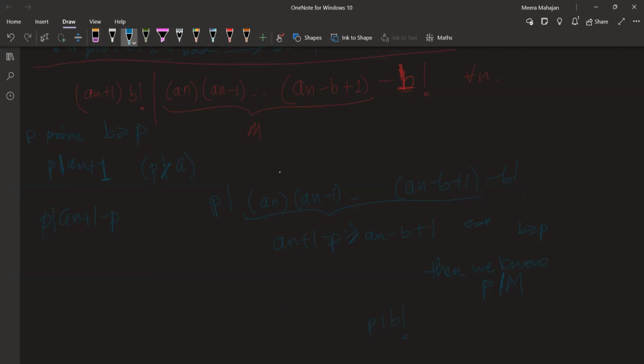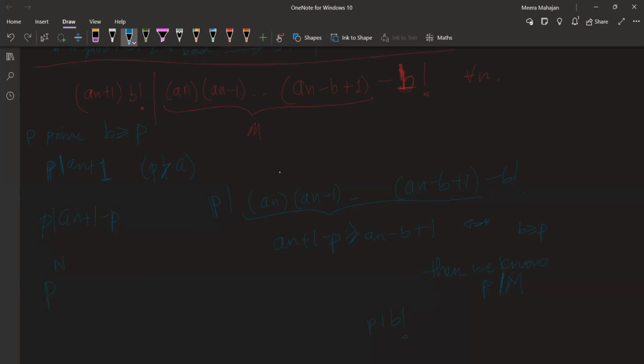In this case, you just get P divides M. But what if we take something stronger than P? What can we do instead of P? And we also have to use this thing: it's an plus 1 times B factorial and not just P.